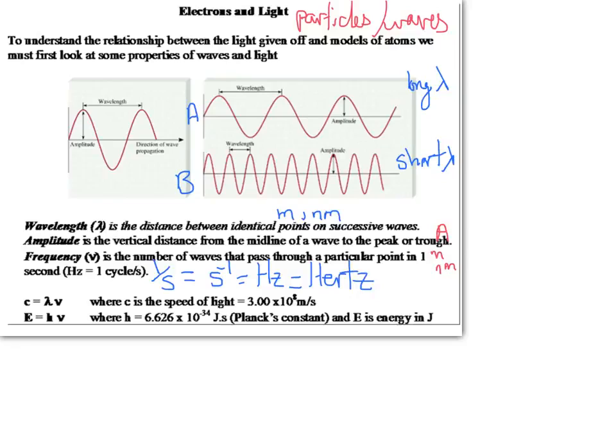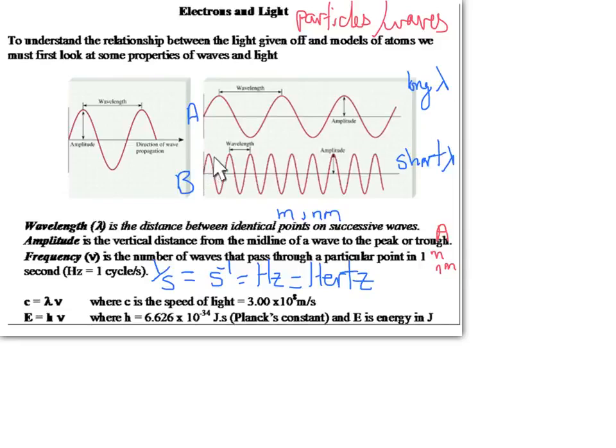So like we said, frequency is the number of waves per second. So let's look back at wave A and wave B. If you look at both waves, these are light waves, so they travel at the speed of light, which is a constant, so they both have the same speed. So they travel the same distance over time.